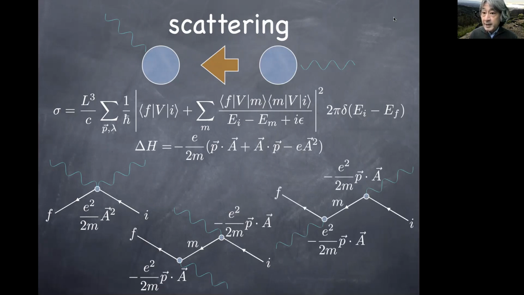So in this case, this operator, P·A, annihilates the photon which is already there in the initial state. So now this photon is gone. The intermediate state has no photons now, only one electron. And using the same interaction Hamiltonian, this time you use the creation part of the vector potential so that you create a photon in addition to the electron. So that's yet another contribution to the scattering process.